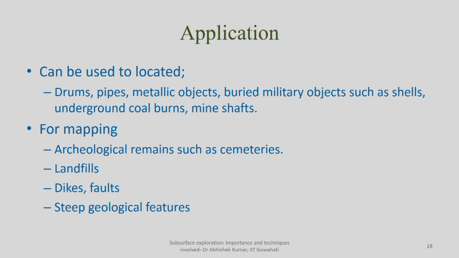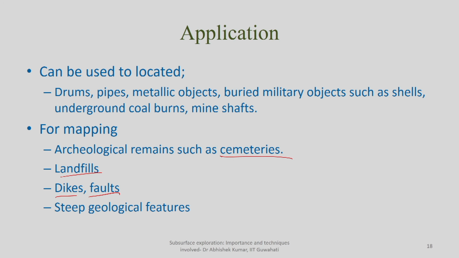Then, in application, it can be used to locate drums, pipes, metallic objects, buried military objects such as shells, bombs and other things, and underground coal burns and mine shafts. But in order to detect it, it should have some kind of effect on the magnetic property at that particular location. Otherwise, you will not be able to detect or identify the possible magnetic anomaly. Also you can use it for mapping archaeological structures such as cemeteries, and then landfills, dikes, faults.